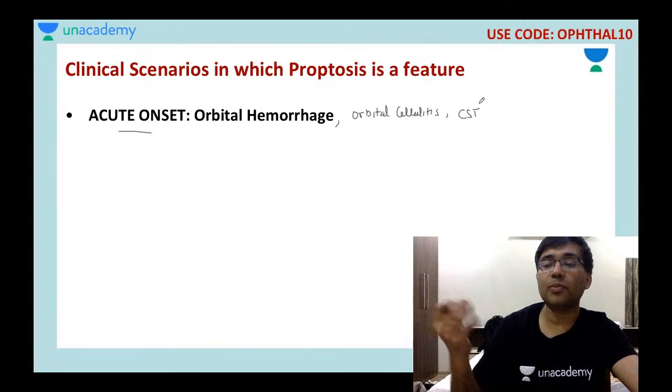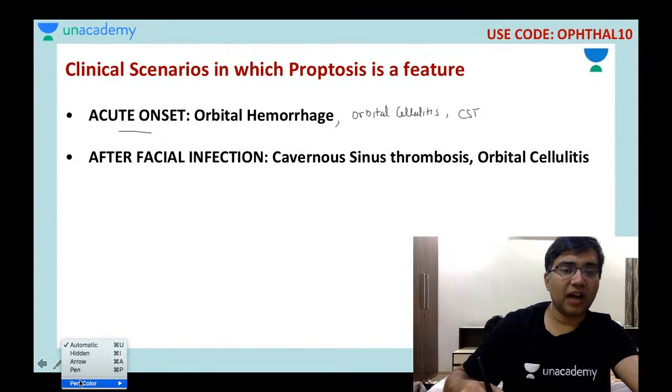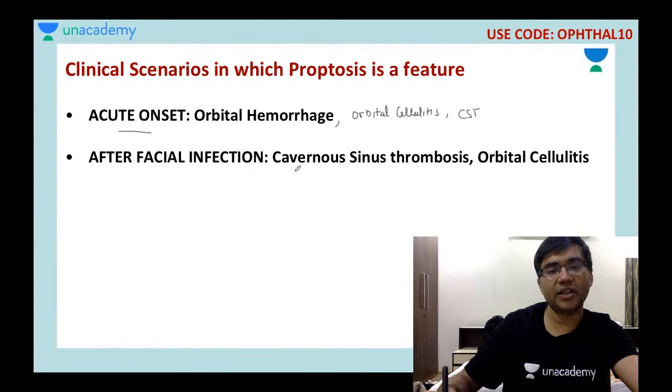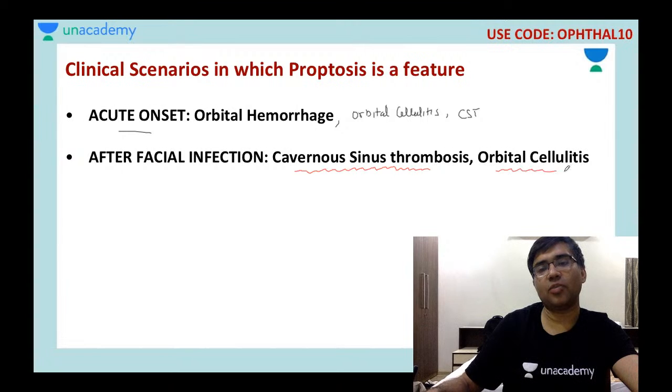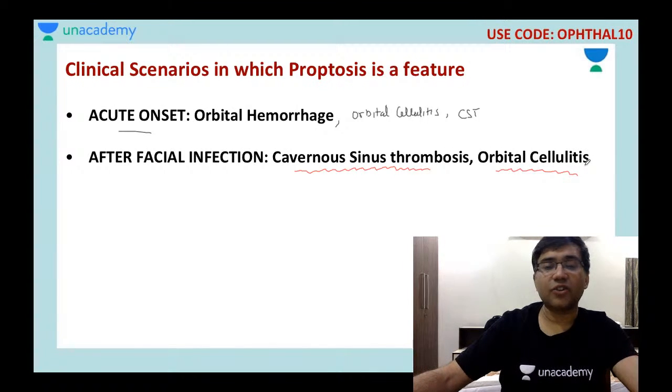I call it orbital cellulitis. Okay, so if they ask about after facial infection, you have two very important DDs, cavernous sinus thrombosis and orbital cellulitis. Now the third is if it is after trauma.